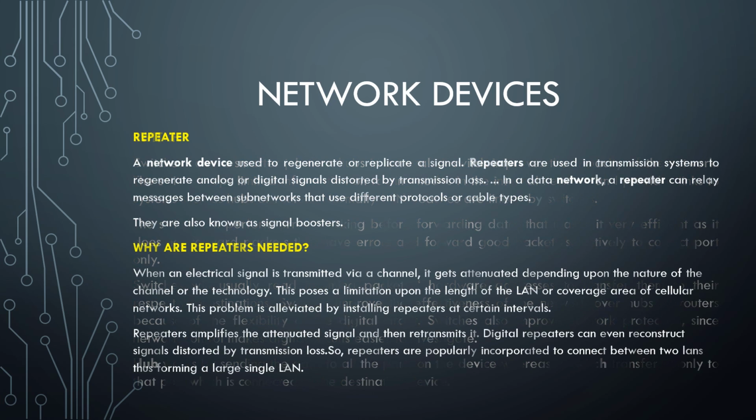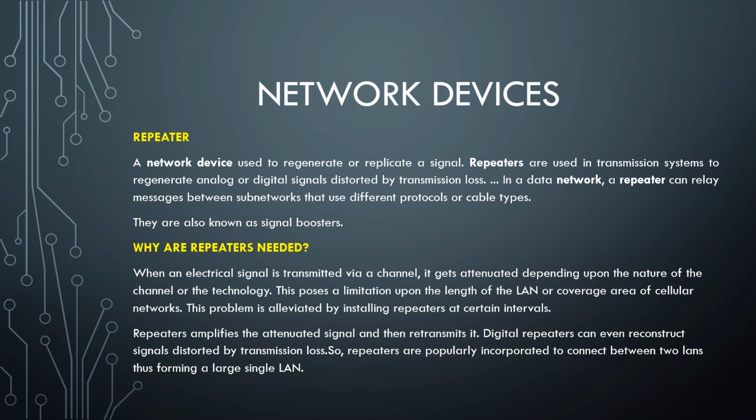Okay, next is the repeater. From the name only you can understand that repeater means repetition. So what repeaters do is amplify the signals. Now suppose I want to send data over a long distance; after some distance, the strength of the signal will decrease, or we can say it will become low.